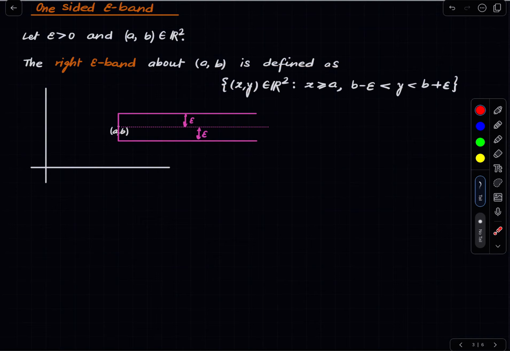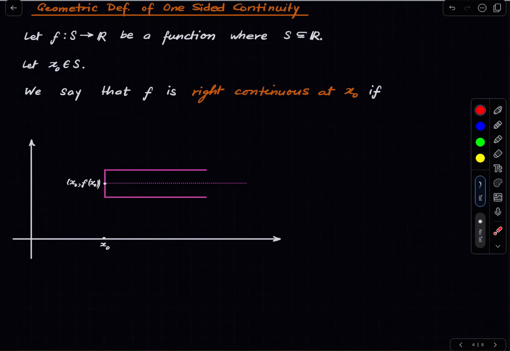Now for the definition of one-sided continuity, fix a function defined on a set S of real numbers and fix a point in the domain of the function. We say that f is right continuous at the point x0 if, again, let me say the definition in words first.